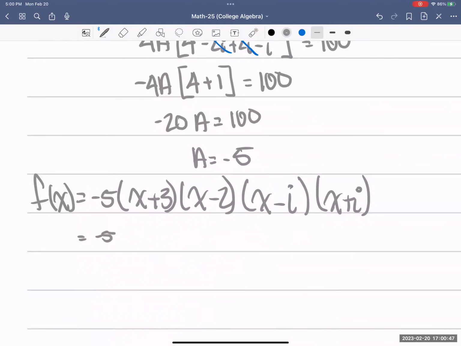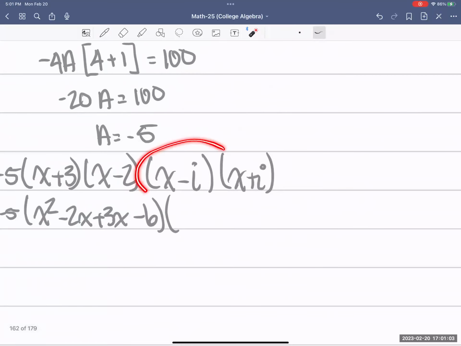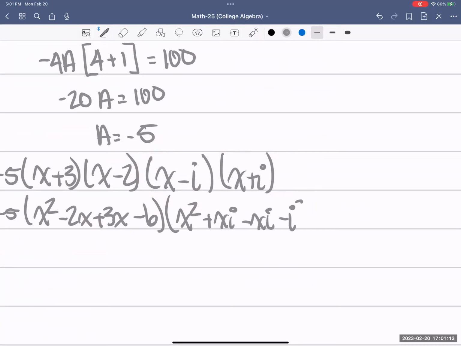So -5. Let's multiply these two first. That's going to be x squared minus 2x plus 3x minus 6. And let's multiply these two. We have x squared plus xi minus xi minus i squared.